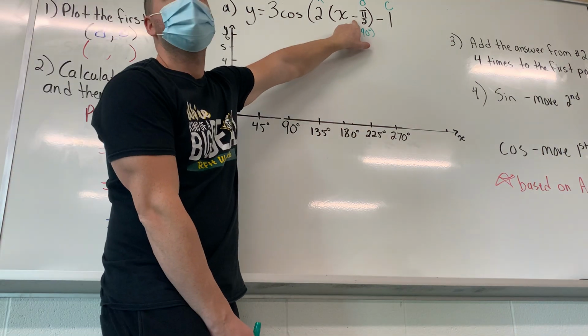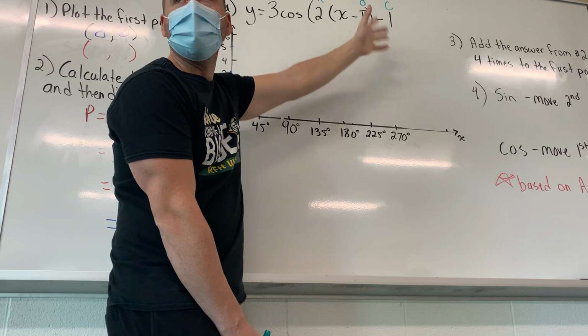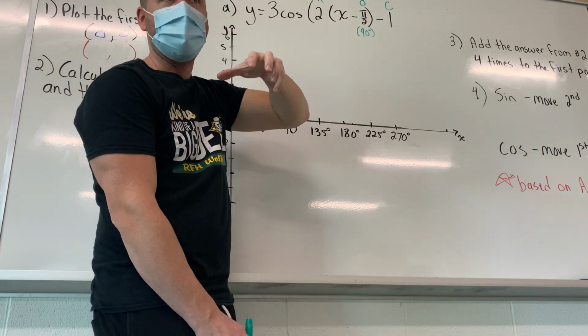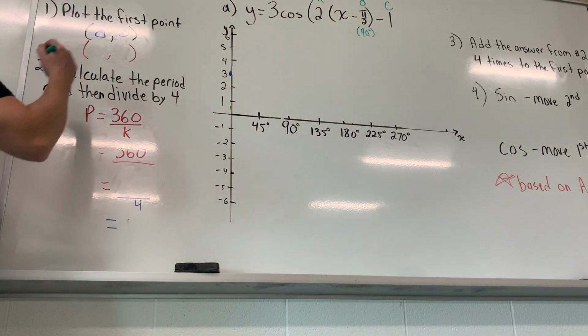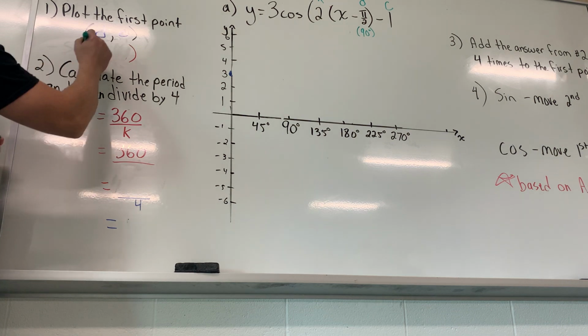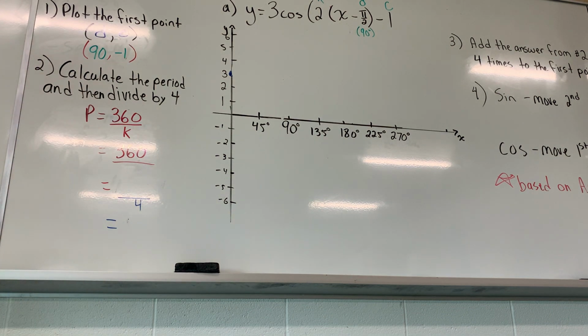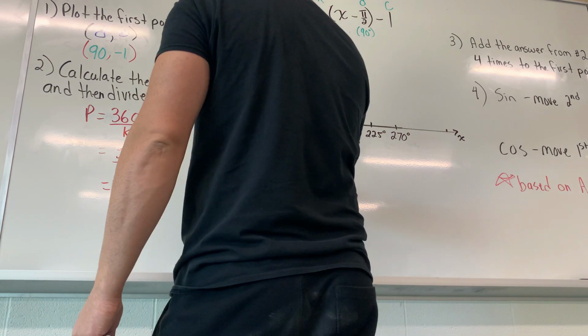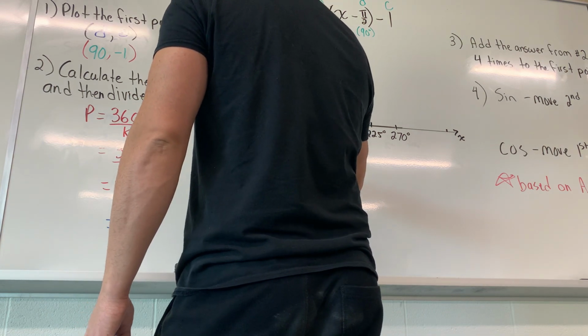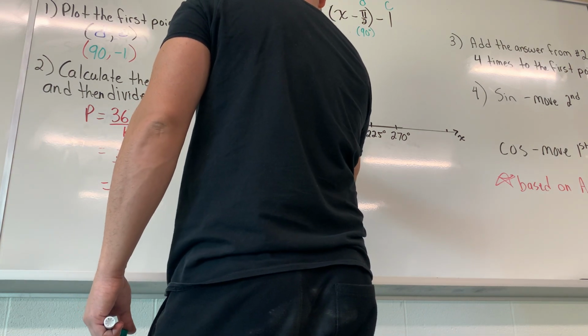Make sure, so it's negative in the bracket, so when I remove it, it's positive, right? So it's a positive 90 and negative 1. This one in green. So my first point is going to be 90 and negative 1. So I'm going to have a point here.